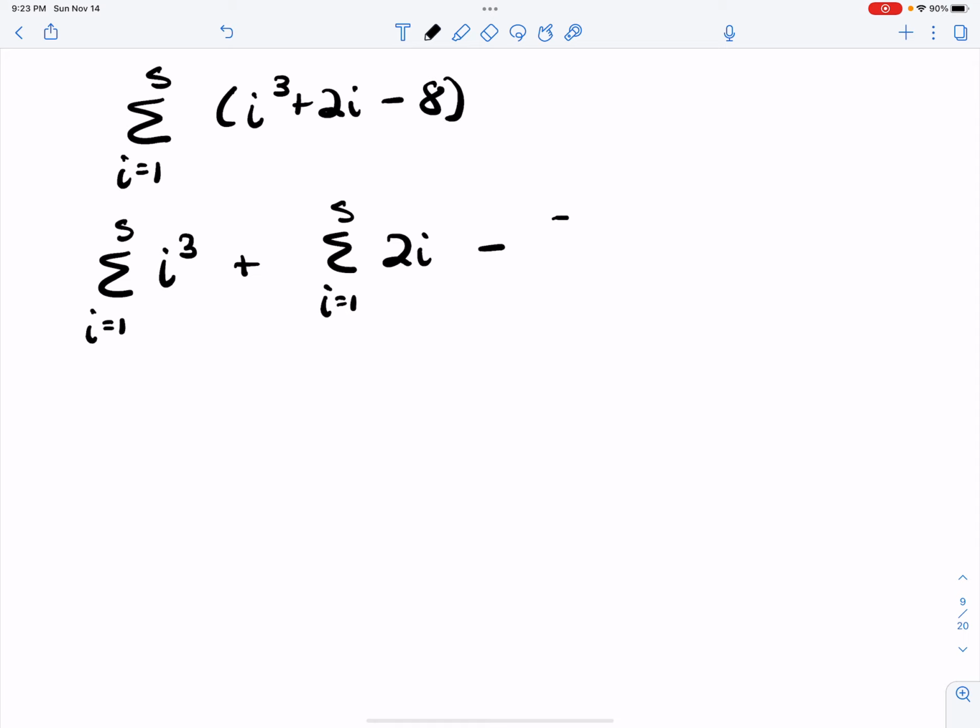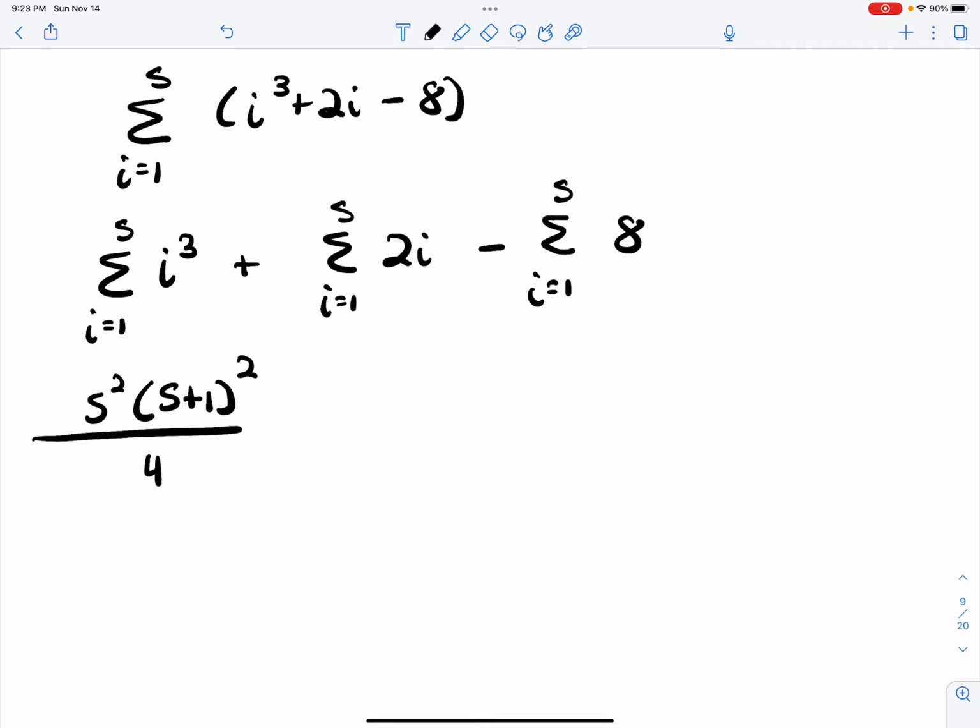We can say minus the sum of i equals 1 to 5 of 8. So for the i cubed, since 1 to 5, n is 5, we can do 5 squared times 5 plus 1 squared over 4. So 25 times 36 over 4. So that gave me 225.